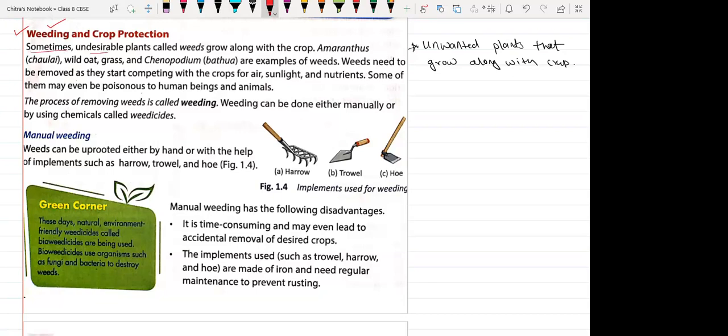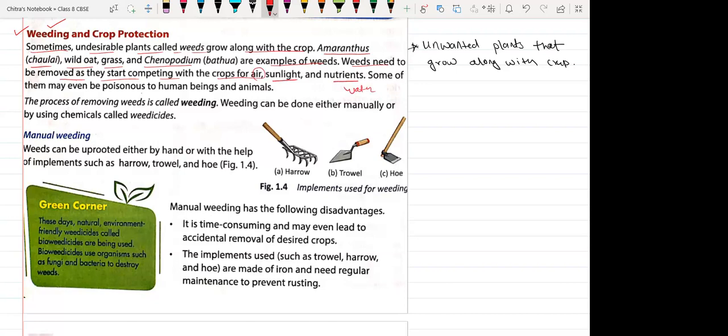Sometimes undesirable, unwanted plants called weeds grow along with the crop. Examples of weeds are amaranthus, also called cholai, wild oat, grass, and Chenopodium, also called bathua. Weeds need to be removed as they start competing with the crop for air, sunlight, nutrients, and water.